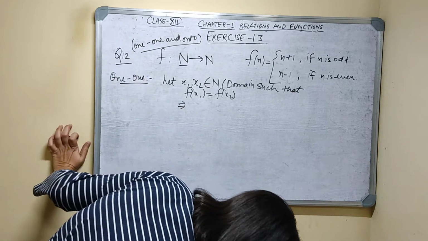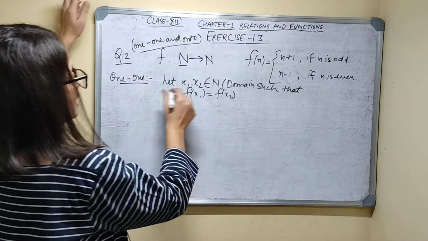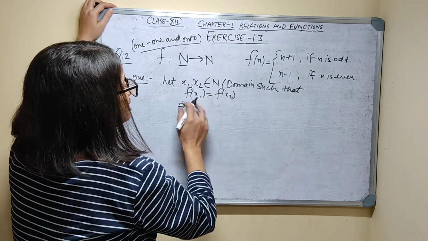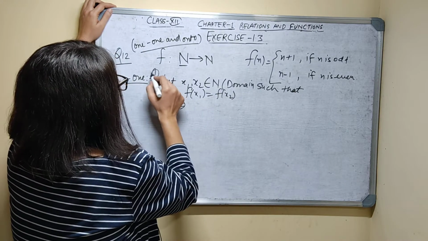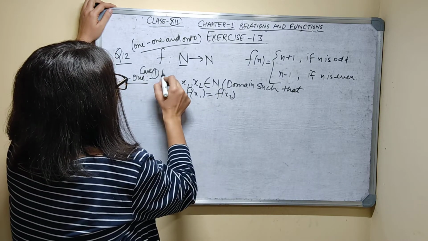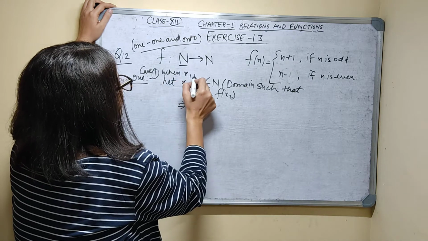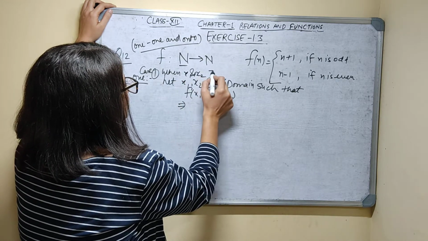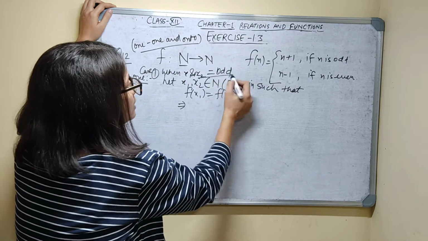First I am taking x1, x2 belonging to the domain N such that both are odd. Case number 1: when x1, x2 both are odd numbers.